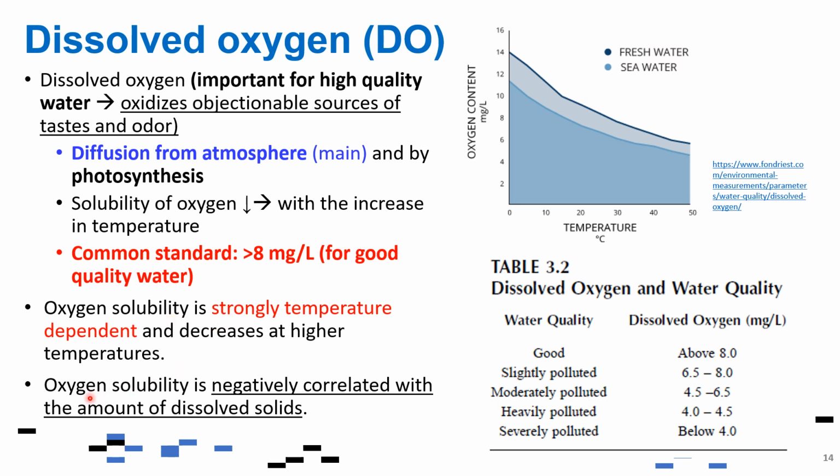But it is negatively correlated, or inversely proportional, to the amount of dissolved solids. So if you have more salts in the system, like for example, if you compare seawater and fresh water, the amount of dissolved oxygen in fresh water is much higher compared to the dissolved oxygen concentration in seawater. So if more salts are there, it could possibly go down more.